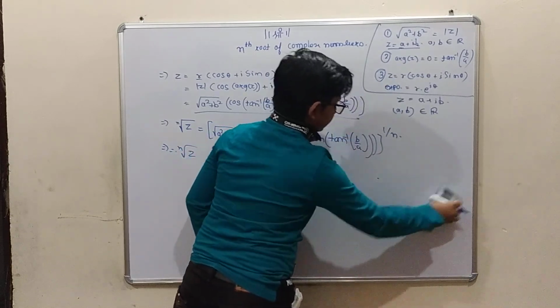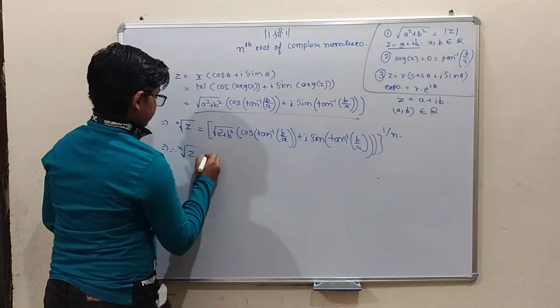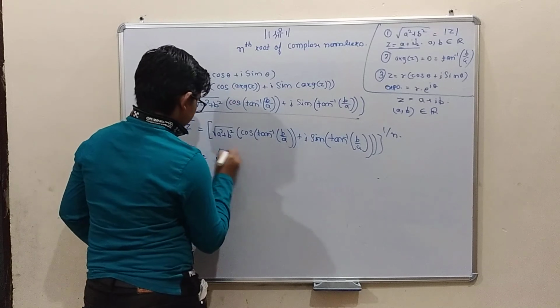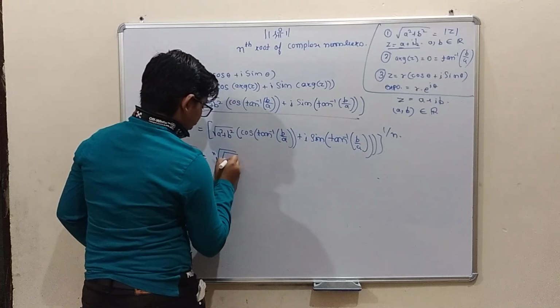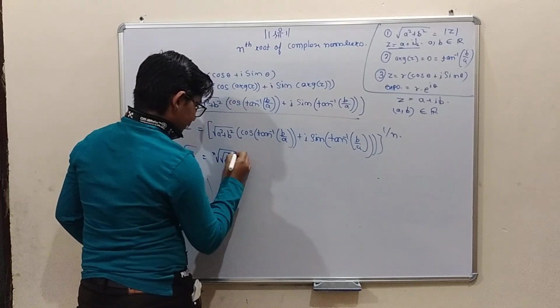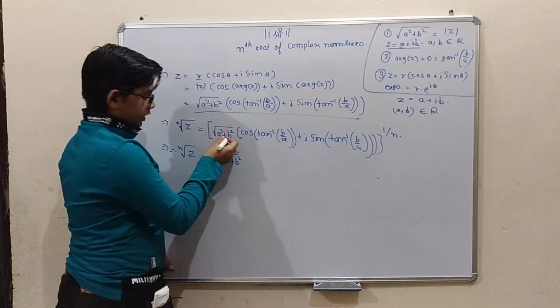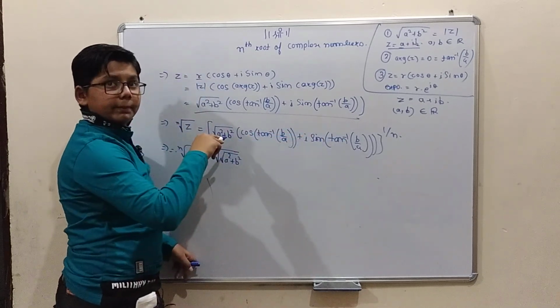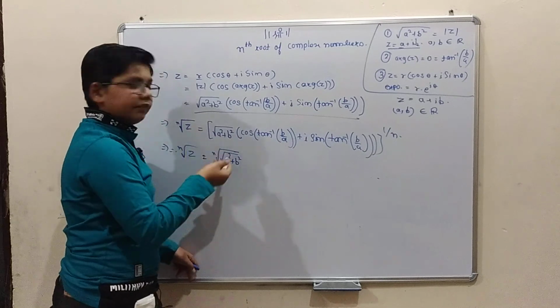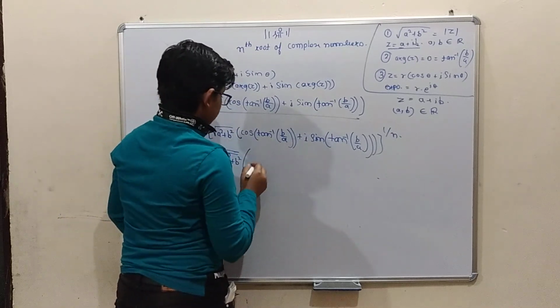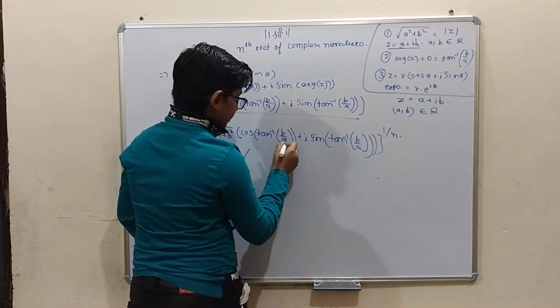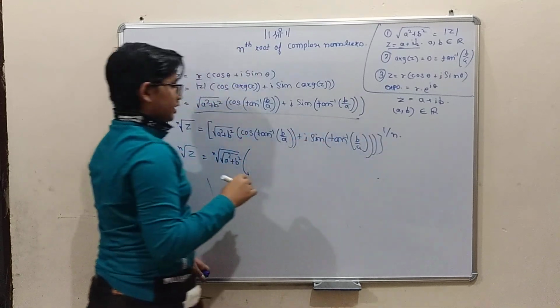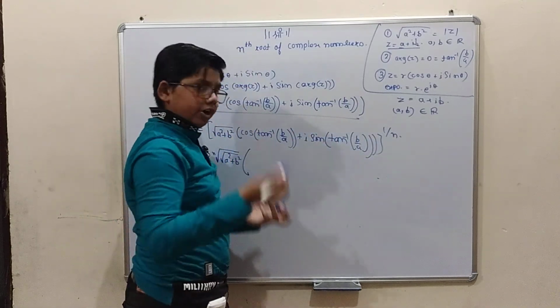will be equal to the nth root of a squared plus b squared. How can we find it? Root of a squared plus b squared raised to the power 1 by n. So it will be equal to the nth root of a squared plus b squared times cos of tan inverse of b upon a, multiplied by 1 by n. So we get tan inverse of b by a upon n.